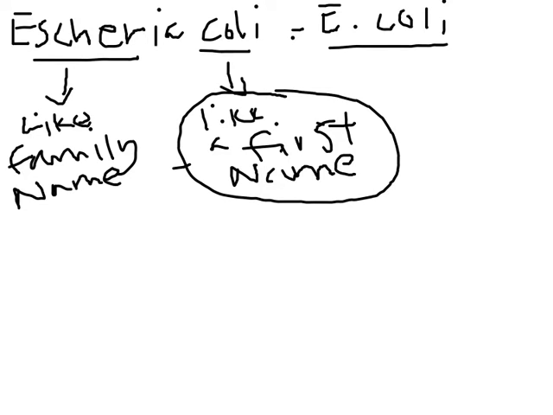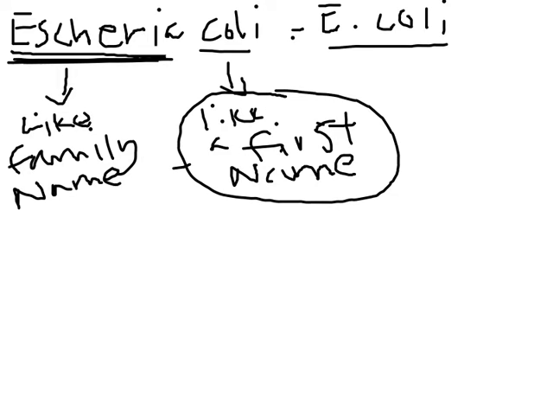What determines if two things are related is if they fall into the same genus, Escherichia, okay? So this is like your last name, your family name, okay? So in other words, if your name is Baker and somebody else's last name is Baker, then you stand a better chance of having some sort of relatedness, okay?